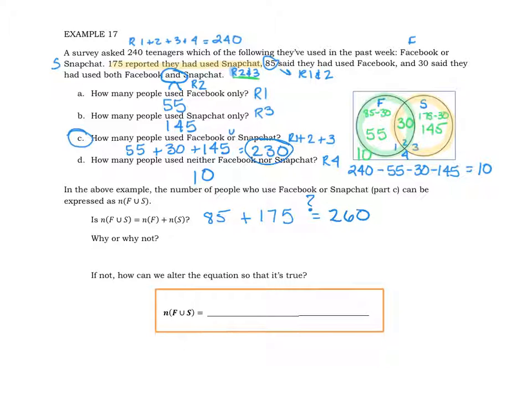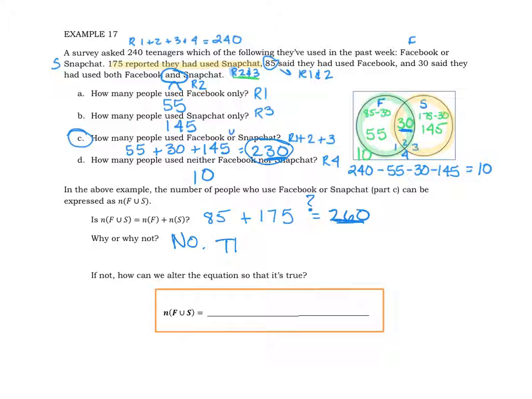Can you figure out why that won't work? Look at how much was in our intersection, 30. Isn't that the difference between these two numbers? It appears that the intersection was counted twice. If you add all of Facebook, 55 plus 30, and all of Snapchat, 30 plus 145, the 30 got counted twice.